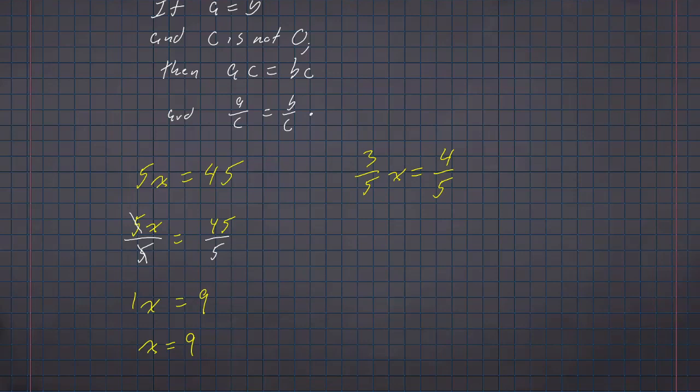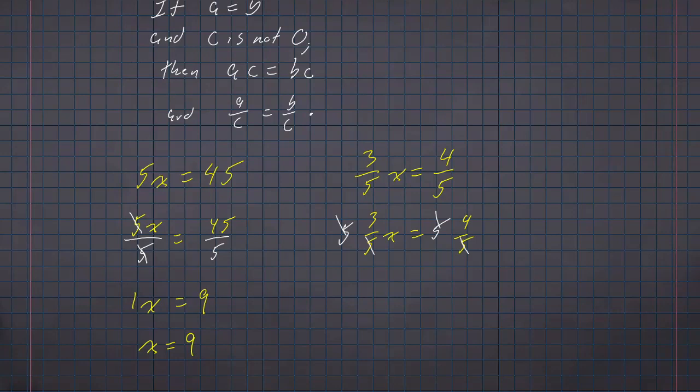In this particular case, if I multiply 5 times 3/5 x is equal to 5 times 4/5. Well, here, multiplying by 5 and dividing by 5 cancel each other out, leaving me with the equation, right?